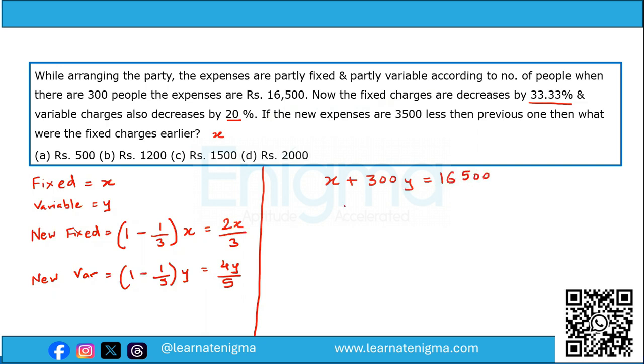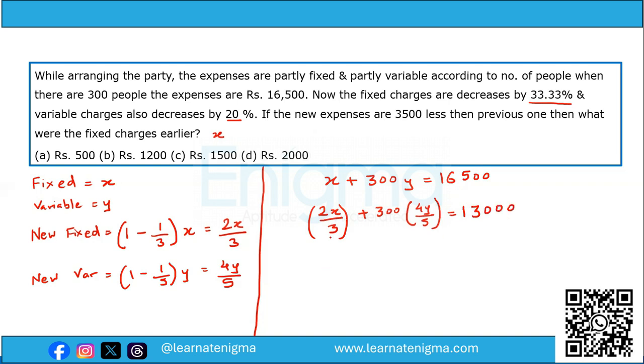Now the second equation would be, instead of x, it will become 2x by 3, plus 300 into 4y by 5, is equal to 3,500 less, so therefore it becomes 13,000.